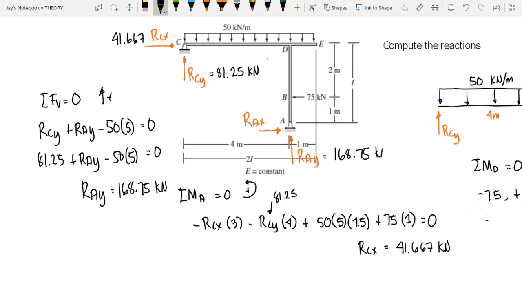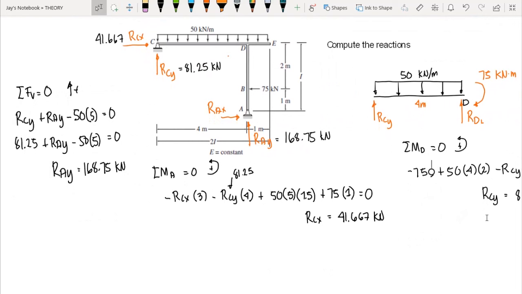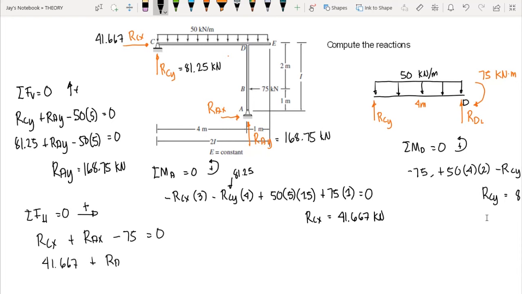For RAX, we can just sum up horizontal forces. So we have summation of horizontal forces equal to 0. Forces to the right are positive, so we have RCX plus RAX minus 75 equals 0. So we have 41.667 plus RAX minus 75 equals 0.